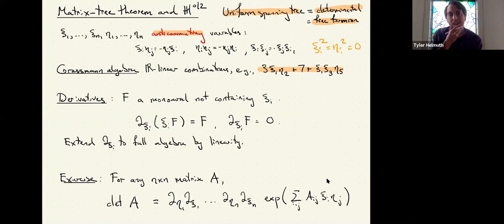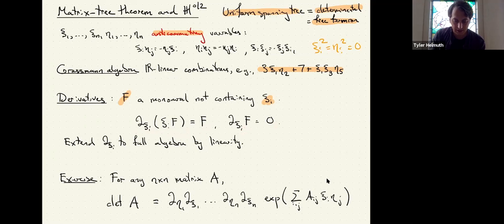And once you have that, you can introduce a derivative. Why not? If I take some element f that's a monomial, so just some product of the xi's and etas, and let's assume it doesn't contain xi I, then I define the derivative with respect to xi I of xi I times f to be f. So that looks like the derivative, right? Partial xi I is killing the xi I. And otherwise, the derivative is 0 because it doesn't find a xi I to annihilate.